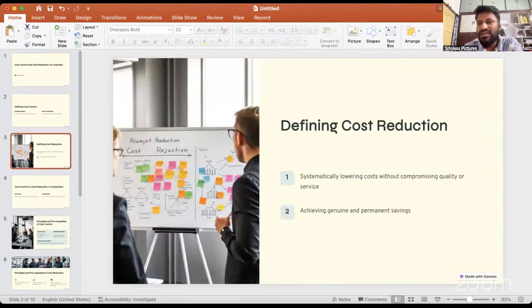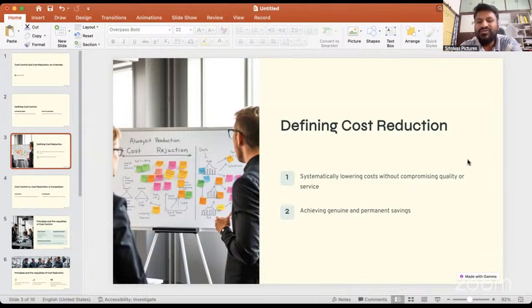Now I'll talk about defining cost reduction. Previously we talked about cost control; here we are talking about cost reduction. Cost reduction is systematically lowering the cost without compromising quality or service. We produce either manufactured goods or services at lower cost, and at the same time we are not compromising quality or service.